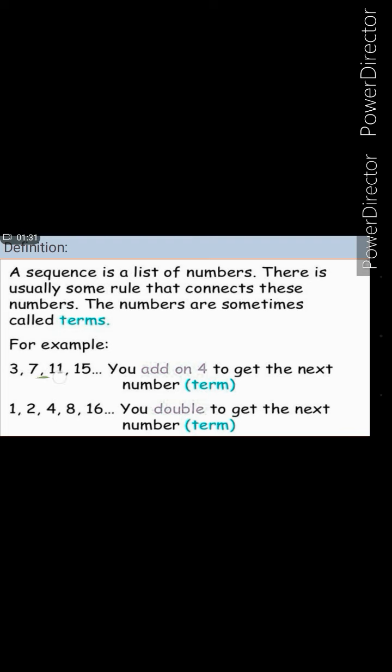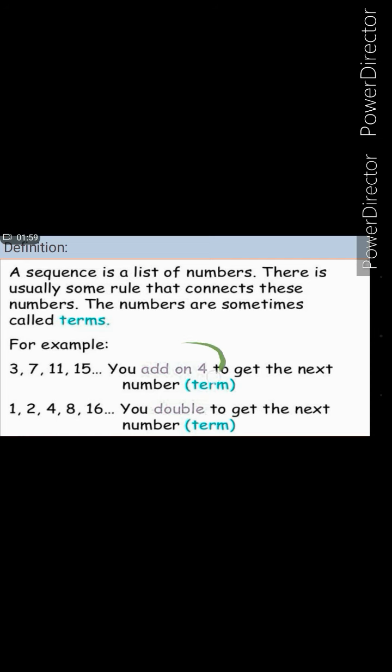Now look at this example. Example number 1: 3, 7, 11, 15. This is a sequence. Now what is the second point? The second point is you have to think about the pattern. See the first term, that is 3, the second term is 7, the third term is 11, and the next term is 15. What pattern is followed here?